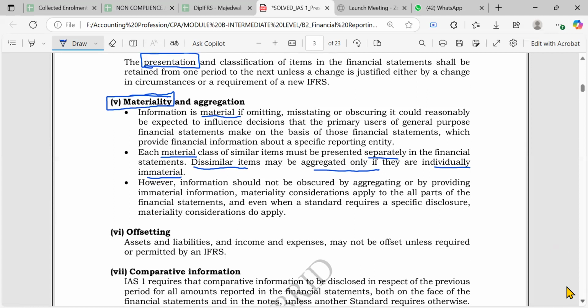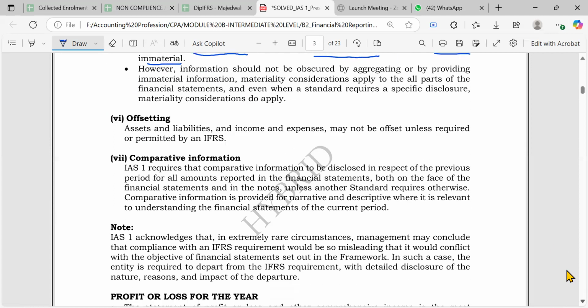Okay, then another point here we speak of offsetting. I don't know which example I should give you. Let's say you have an asset of 10 million, but maybe that asset is associated with a particular liability of 6 million. For example, there's a standard called financial instruments. Presume that you borrowed money from the bank so as to invest in an asset that people would come and borrow from too.